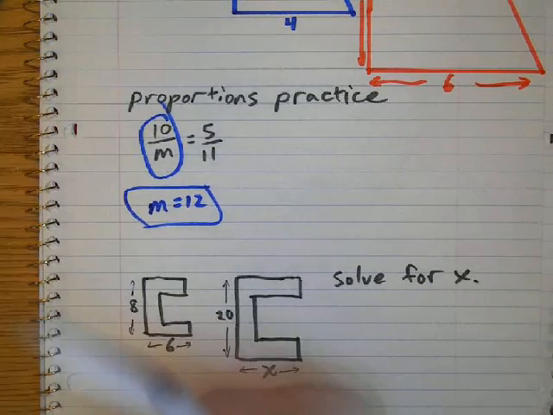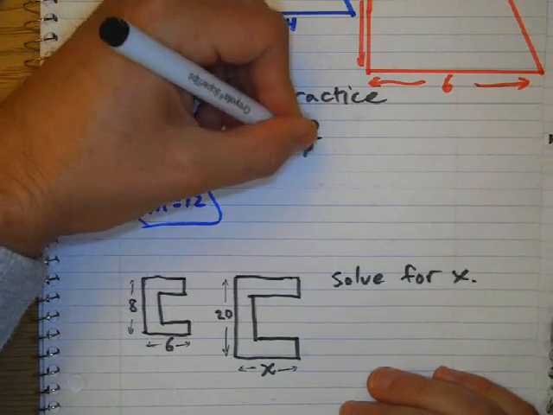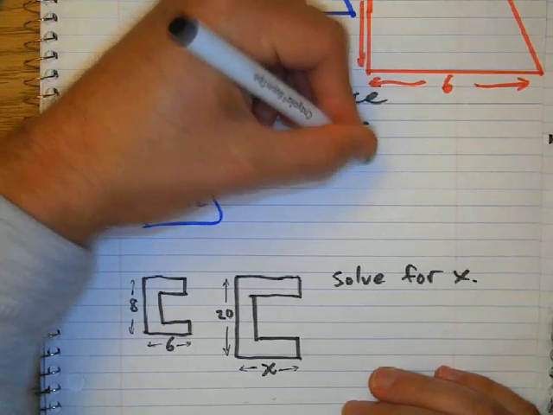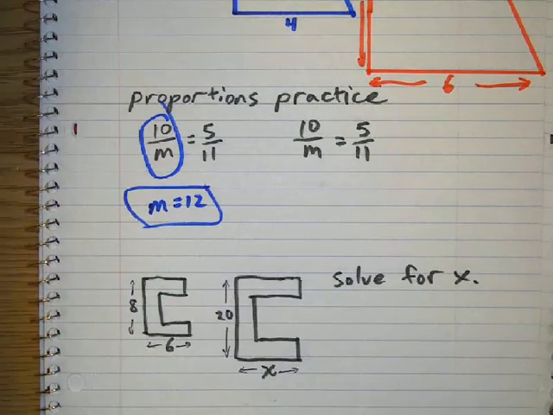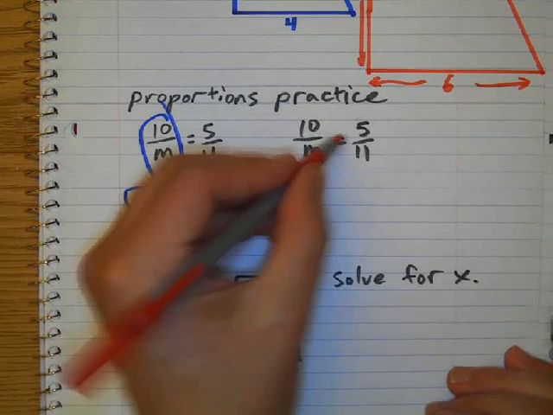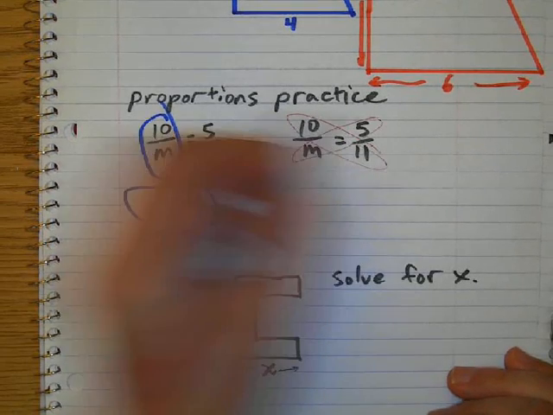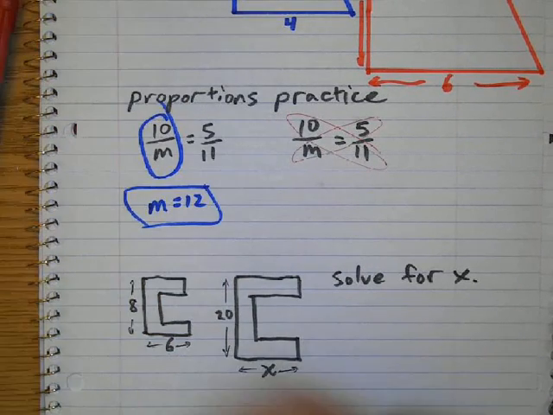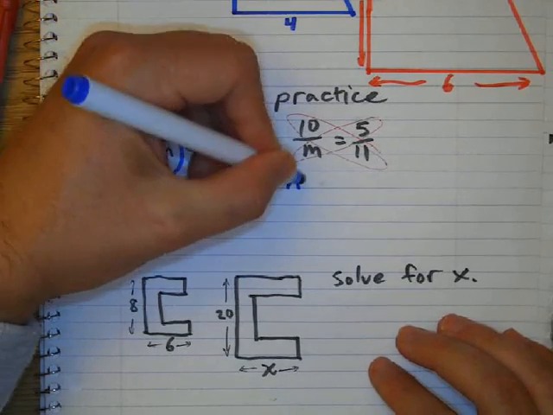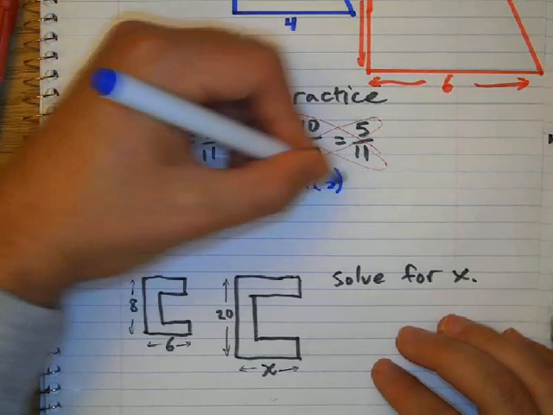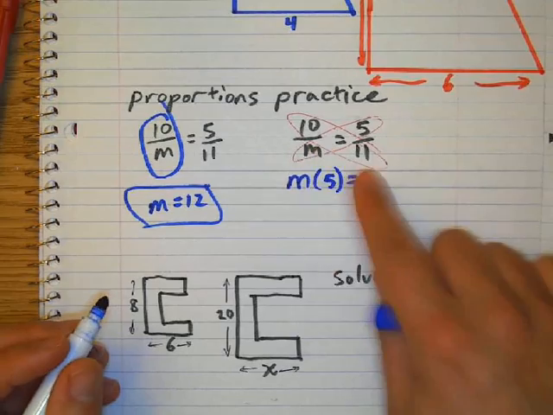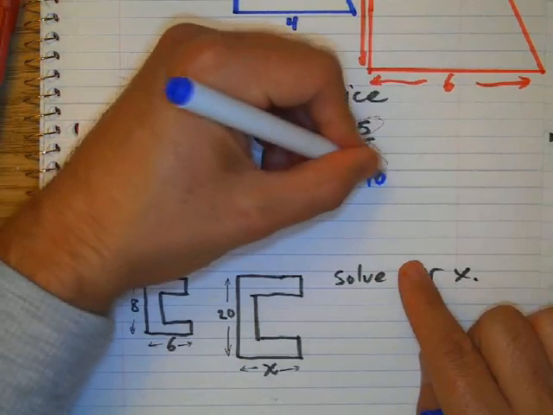I could have said 10 over m equals 5 over 11. You should be able to think, okay, we can cross multiply, and we can say that m times 5 equals 10 times 11.